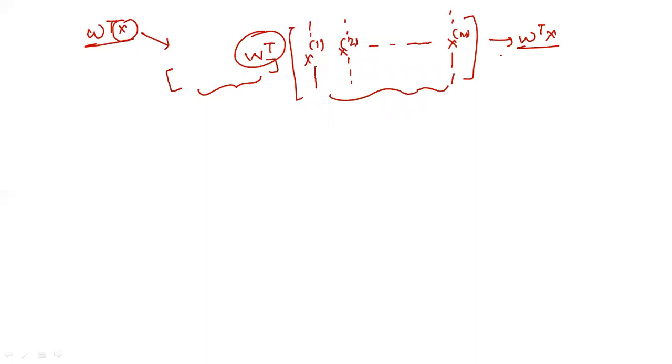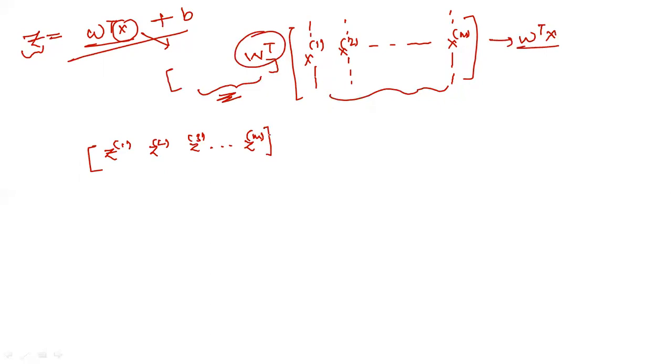Okay, so one thing has to be mentioned clearly: this w transpose is the row vector. What I can write here is that I need to represent this equation z equals w transpose x plus b. So how can I write this equation? Basically this z would also be a row vector, so this could be represented as z1, z2, z3 that goes on till zm, because we have m number of training examples.